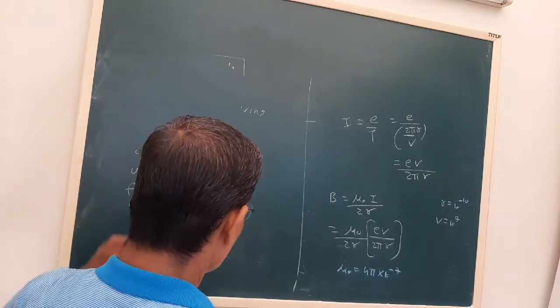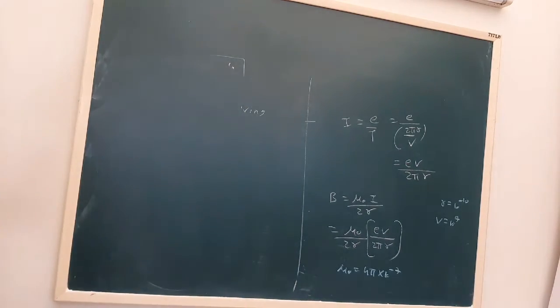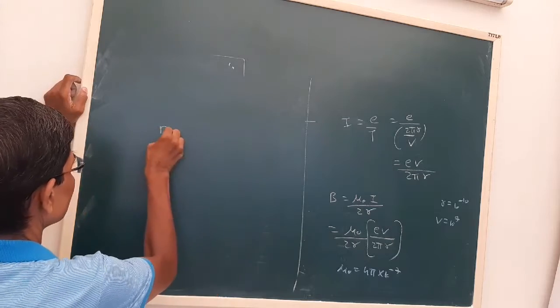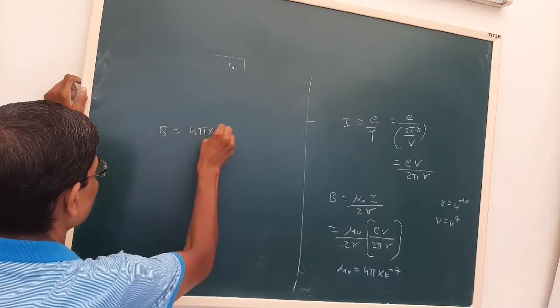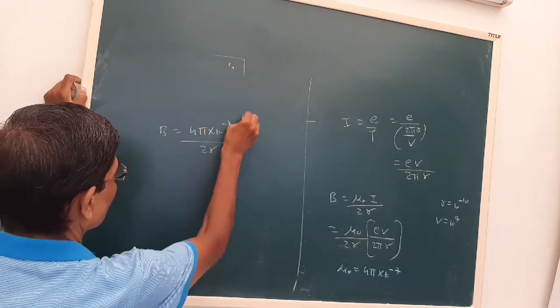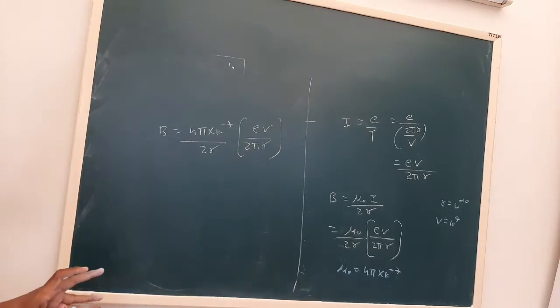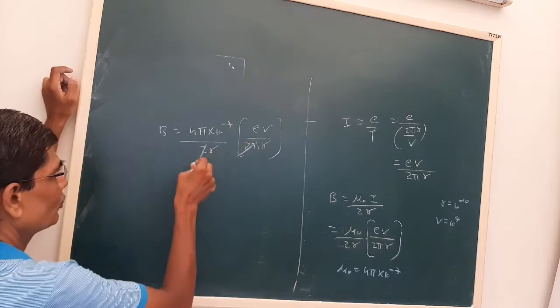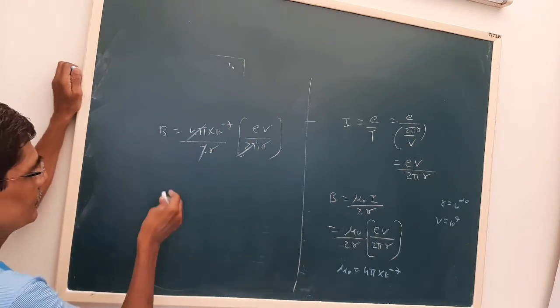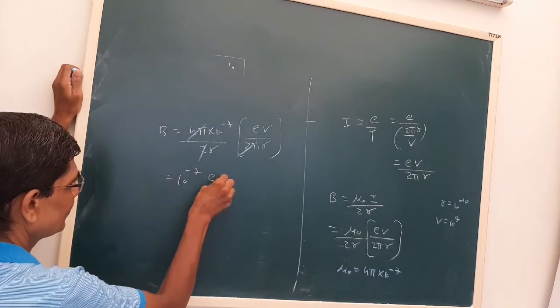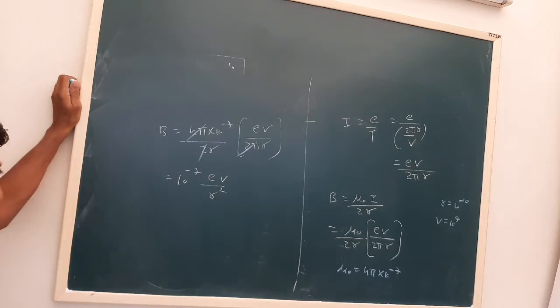Okay. Now we can substitute the value of mu 0, 4 pi. Okay. Now see 2 pi into 2, 4 pi is cancelled. Okay. Now 10 to minus 7 EV upon R square. Okay.